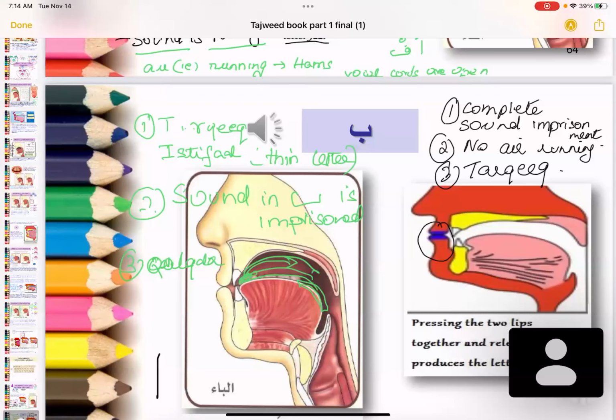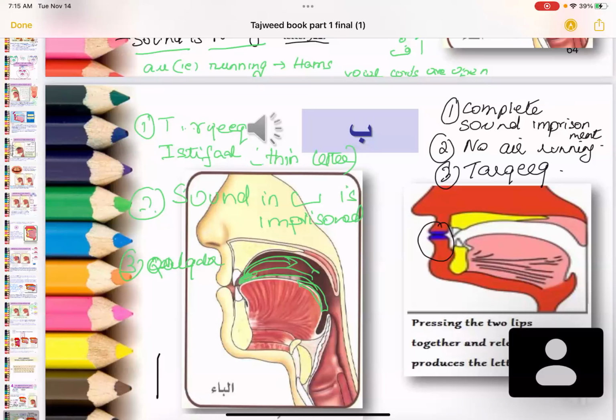That means you have to rely more on its articulation point, which is the two lips here, to get the sound of ba. So the more reliance meaning the two lips are pressed tight to get the sound of ba.